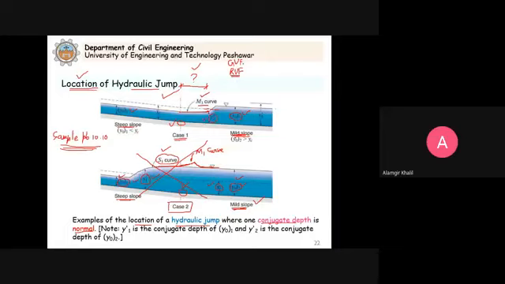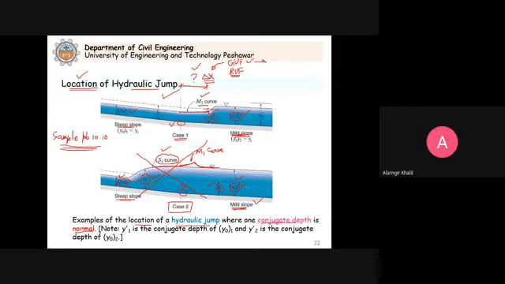But how will you apply this concept? Actually, you will calculate this by delta x. You remember in the last class we discussed this. This is coming from the gradually varied flow concept, this equation that we discussed. This we will use to find the location of the jump. Clear? This we will use, because this was equal to this delta x.